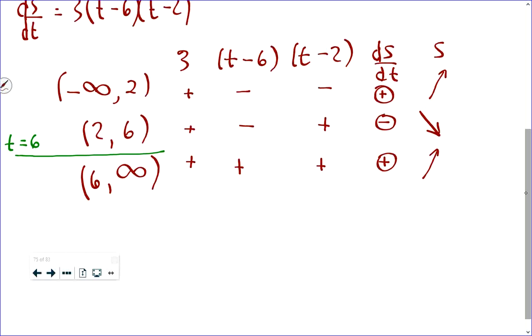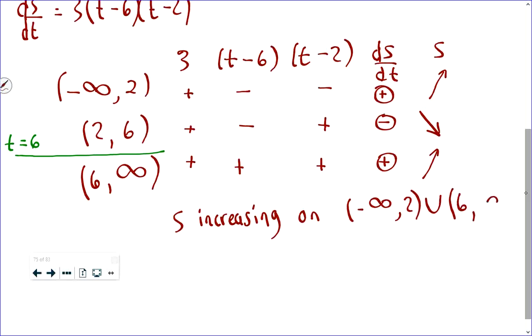So s is increasing on negative infinity, comma 2 in union with 6, comma infinity. I don't care the format that you write it out. You could write it in words if you like. Just don't write a poem about what the answer is.